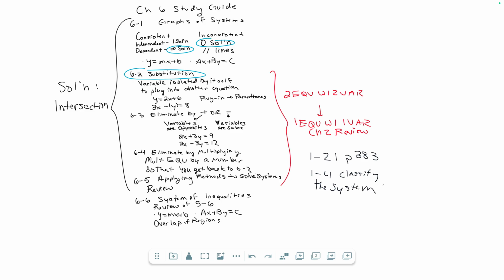Those are the only instructions I'm adding. Okay. So 1 through 4, you're graphing and you're classifying them. Is it consistent independent, consistent dependent, or inconsistent? Okay. Alrighty. That's it. It is 1:58. We are getting out of here at 2:23. So you have about 25 minutes. Alrighty.